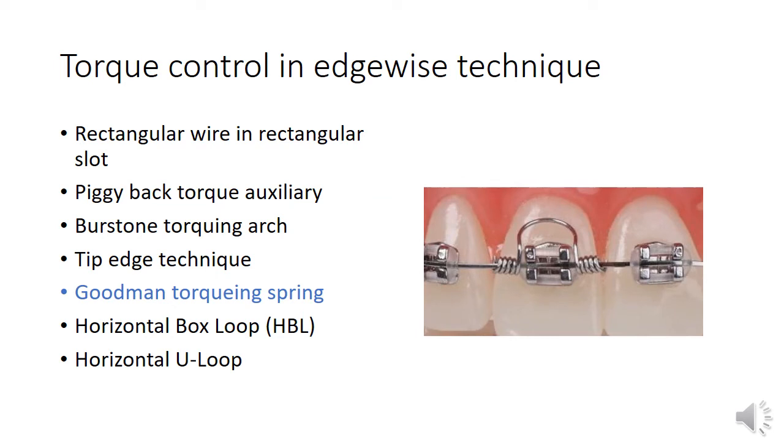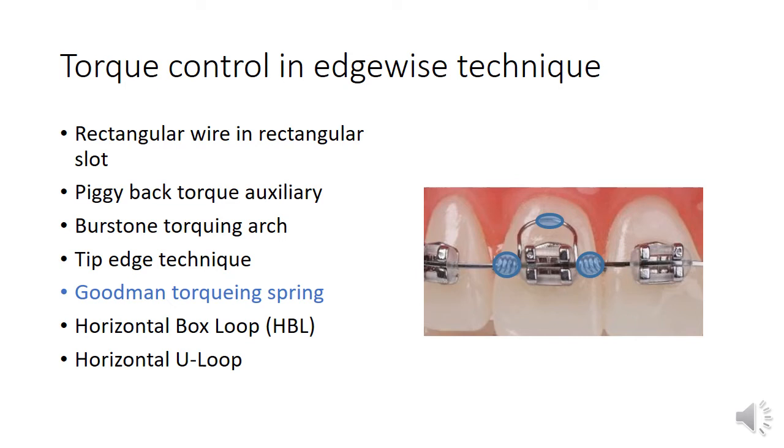But the problem with the Goodman spring is that when the arm is exerting force on the cervical part of the tooth to move the root to the lingual side here, since it is getting its anchorage from the rectangular arch here, the rectangular arch wire is twisting exactly in the opposite way and prevents the tooth from being rotated in the desired direction.